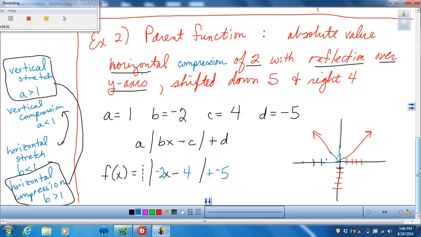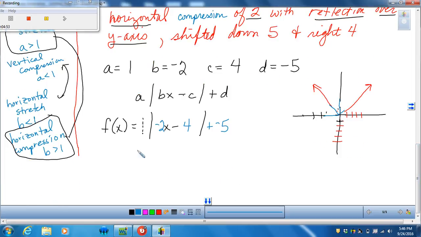So if I simplify that, I end up with absolute value of -2x minus 4 plus negative 5, otherwise known as just minus 5. So my new function is the absolute value of negative 2x minus 4, take away 5.